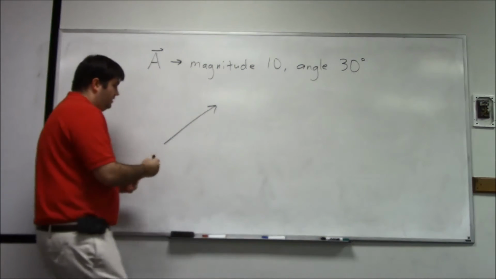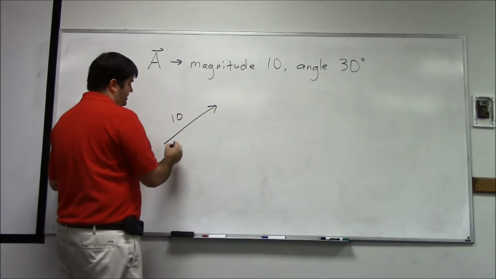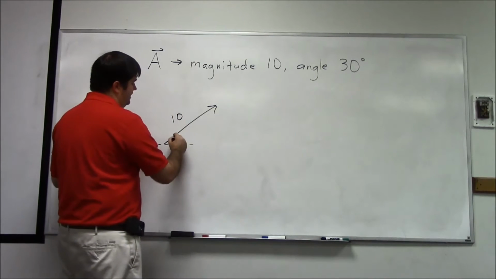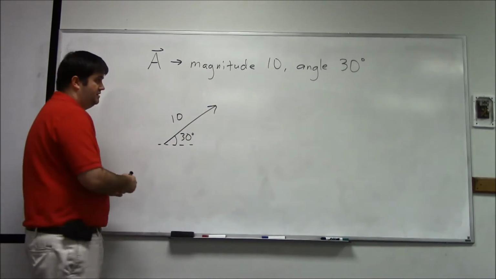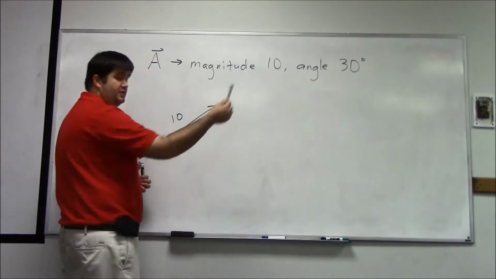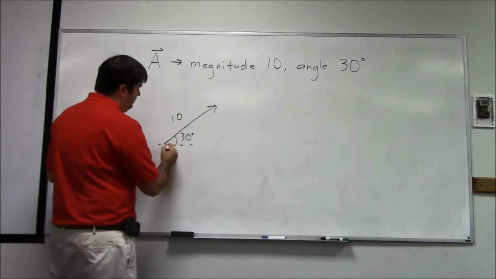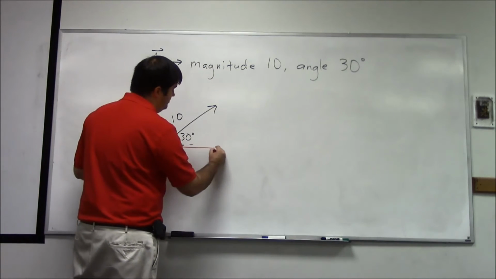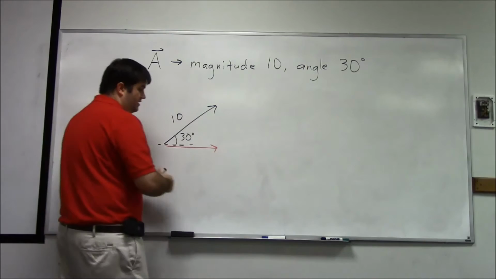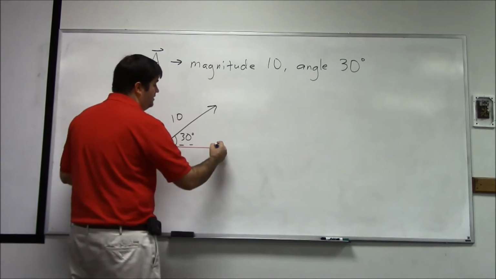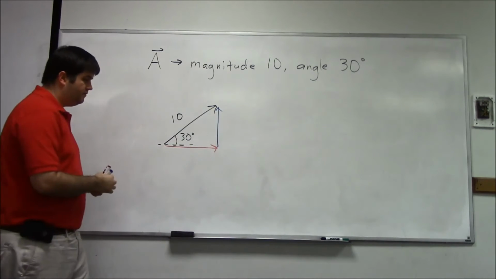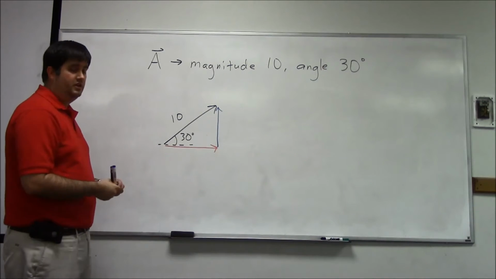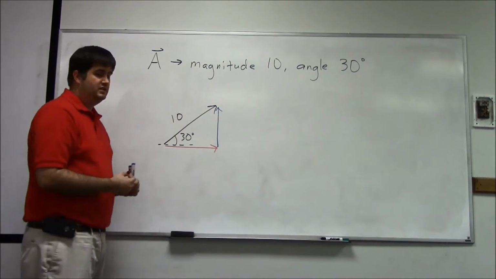You've seen this before. Here's the vector of magnitude 10. It's at an angle of 30 degrees with respect to the horizontal, which is the assumption if it doesn't say otherwise. And we've seen before breaking this down into a horizontal and a vertical component. And we've seen how you can go about calculating these, sine and cosine.